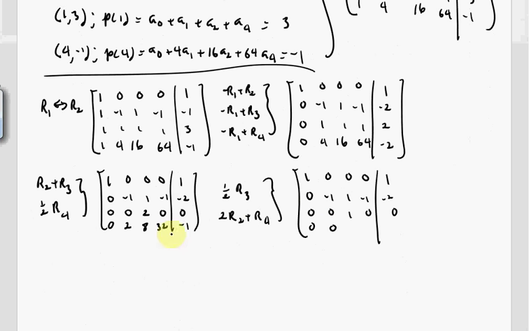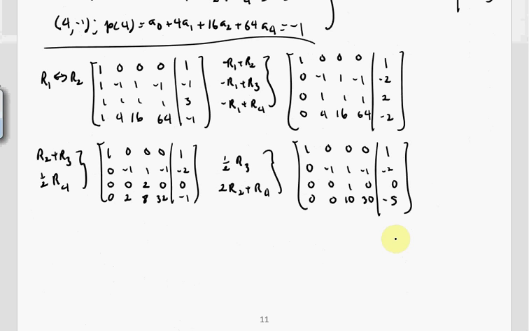So 2 times row 2 plus row 4. So this is 10, 30. It's negative 4, and minus 1 is negative 5.